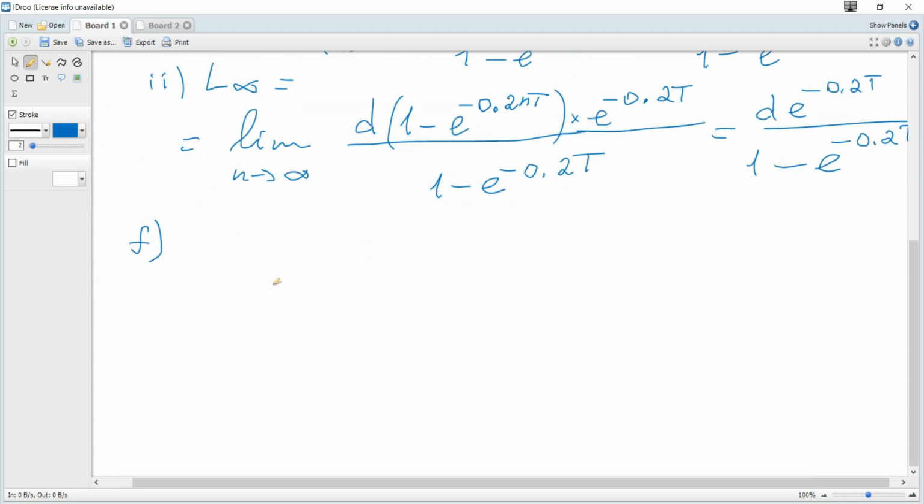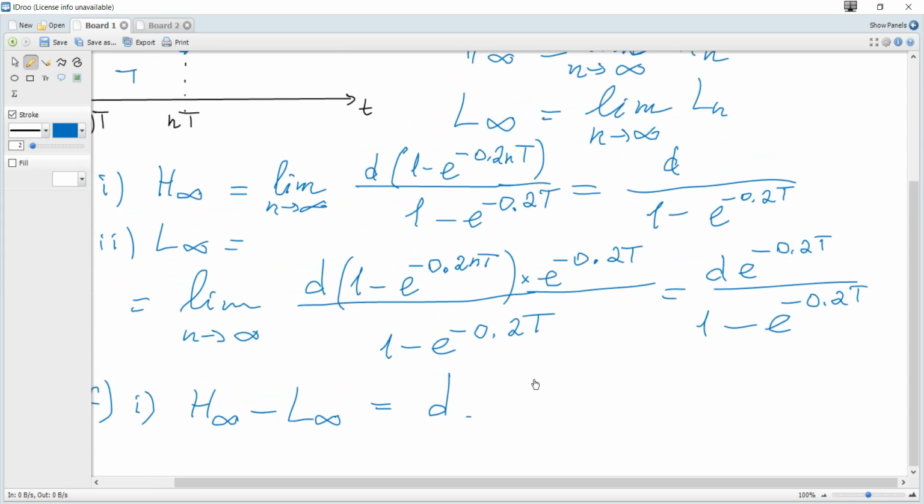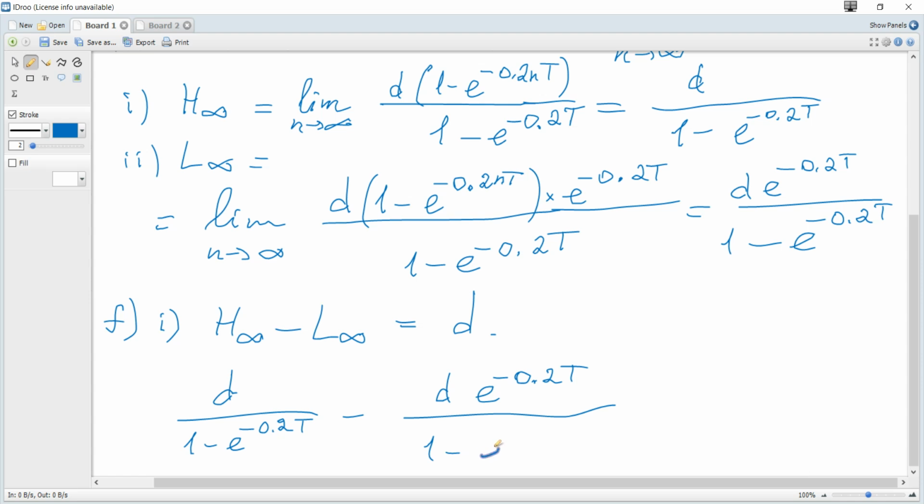Then F shows that h infinity minus L infinity is d, 2 marks. So just consider h infinity minus L infinity: it's d over 1 minus e to negative 0.2 t, minus L infinity, which is d e to negative 0.2 t.